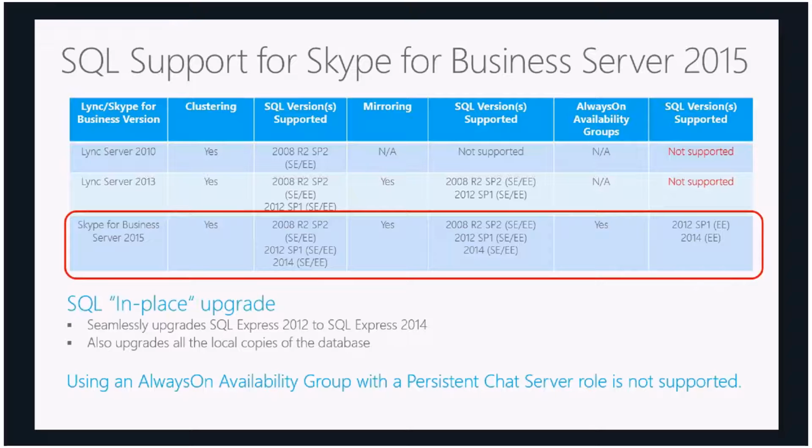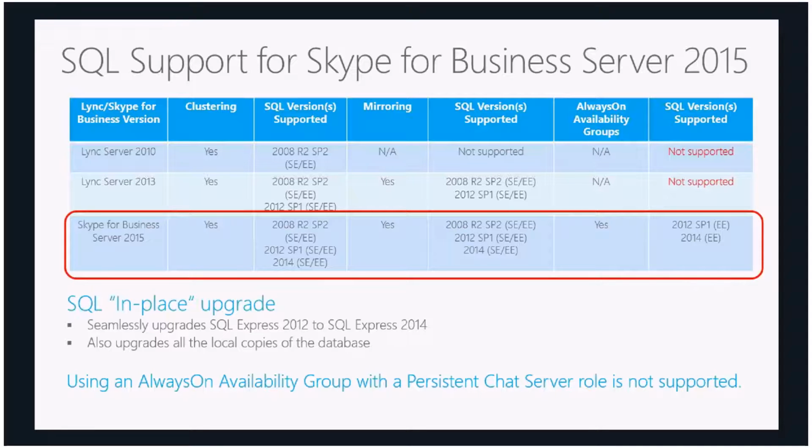A couple things to take note of. Skype for Business Server supports Always On availability groups only as active passive. So with SQL Always On, with other applications, it is possible to have active databases.